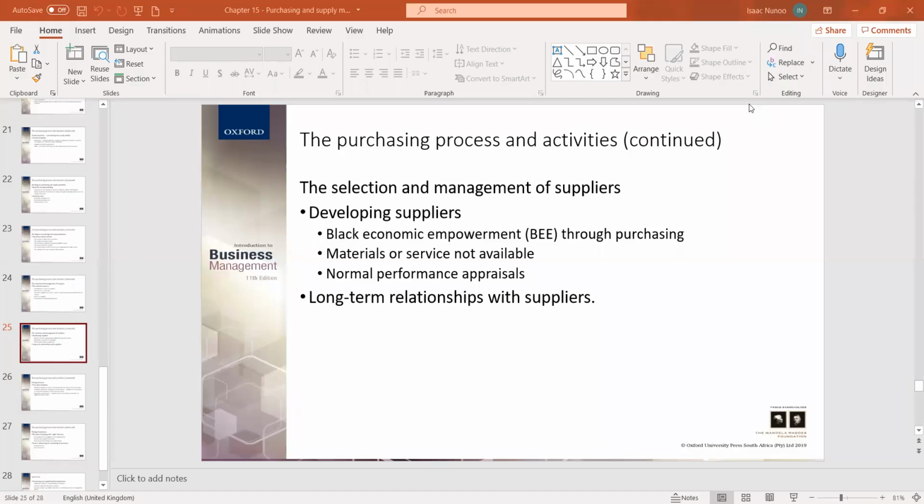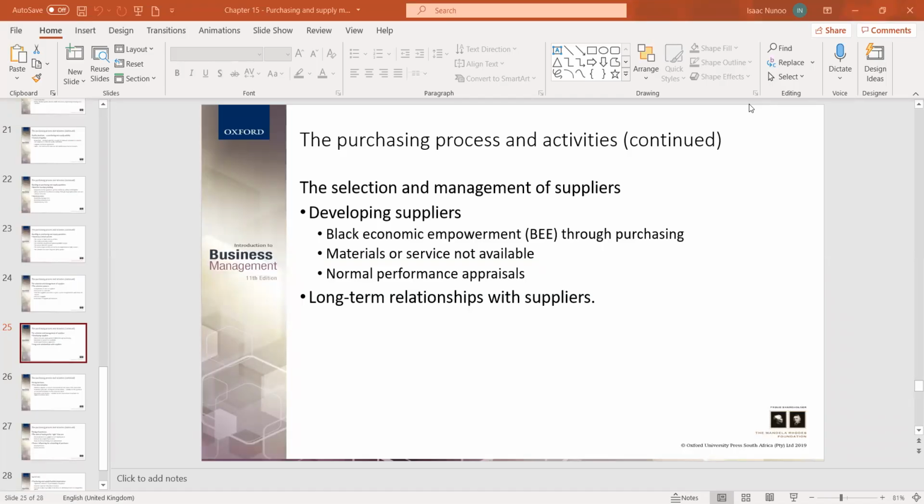Sometimes as a purchasing and supply manager, your process of selecting can also help to develop suppliers. One thing you have to have in mind is that your relationship with suppliers can be short-term or long-term. As a supply chain manager, once you are willing to have this goodwill with suppliers, you should think about the long-term benefit. Some of the processes in developing suppliers include what we call black economic empowerment. Here, large organizations can help suppliers to also develop.